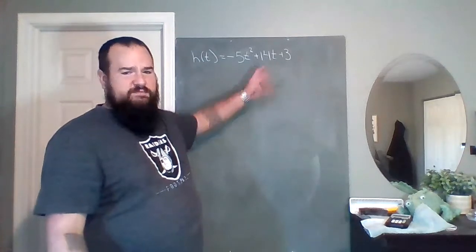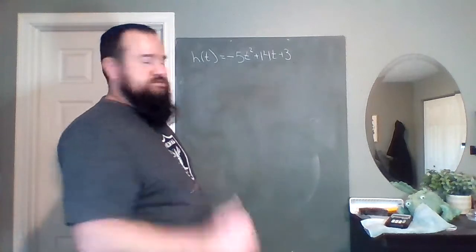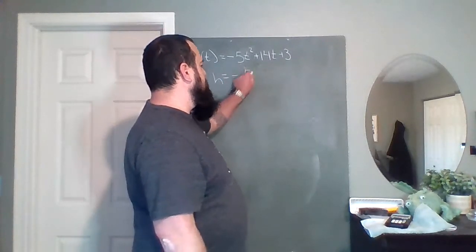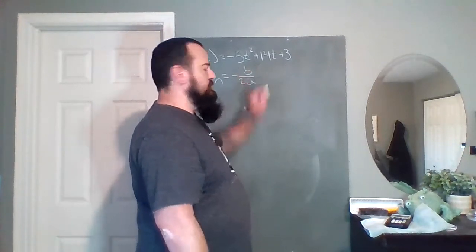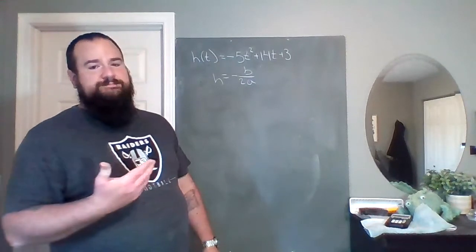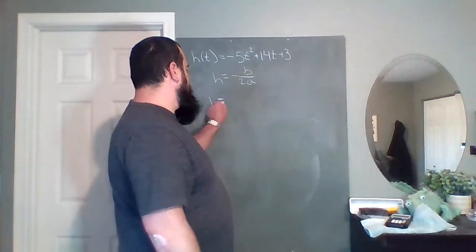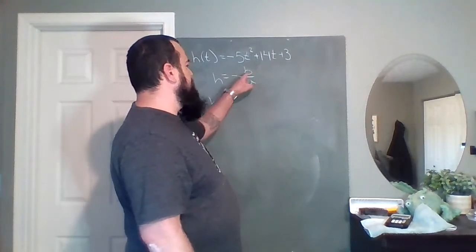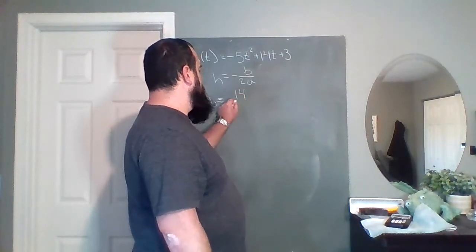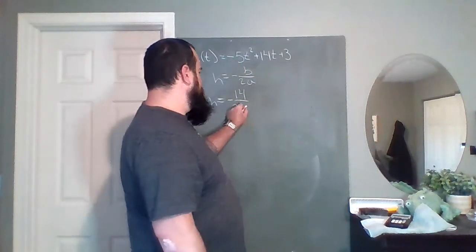Since we have standard form, that's really easy to do. We know that the vertex occurs at h, which is equal to -b over 2a. And that's it. Now we just have to plug those in. So for this problem, it reaches its highest point at, so b is positive 14 over 2 times a, which is -5.